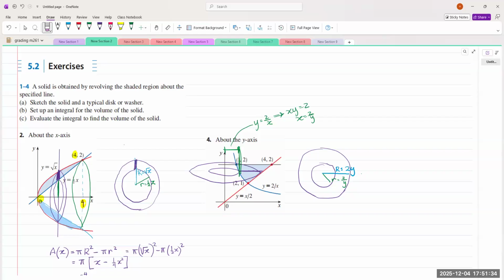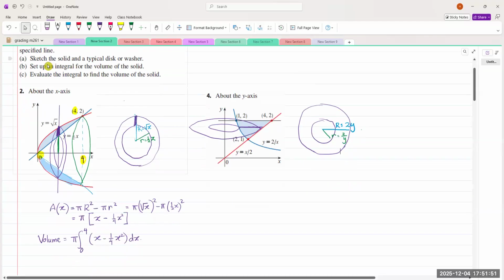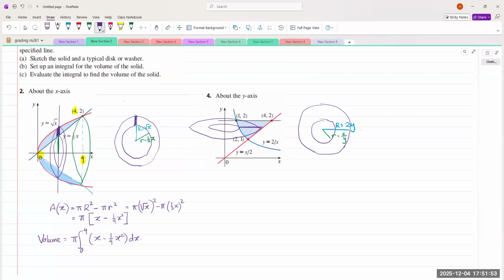Now again, if you get a bit confused, feel free to pause the video and play it back a little bit. I erased this so that our graph does not get too complicated. So our area function of y now becomes pi big R squared minus pi small r squared.